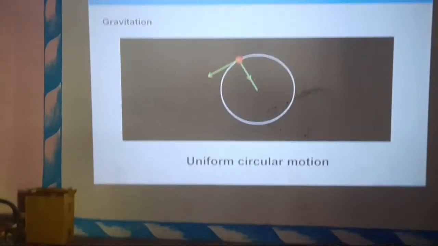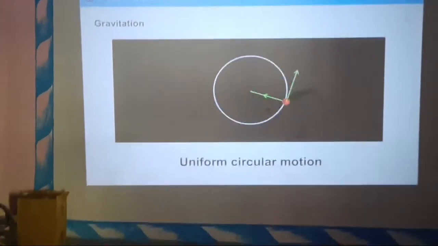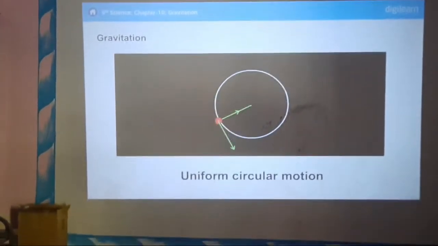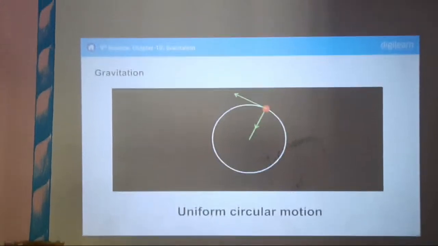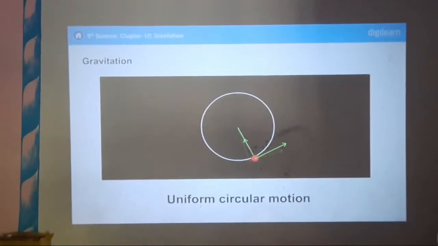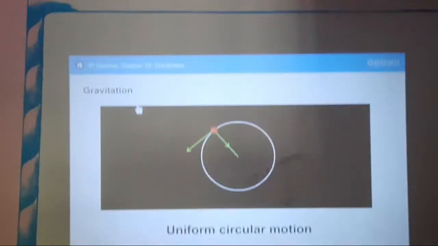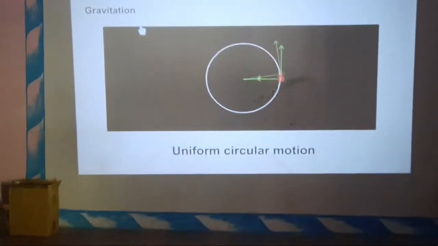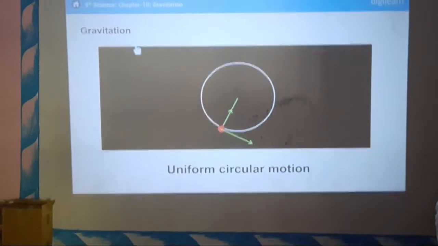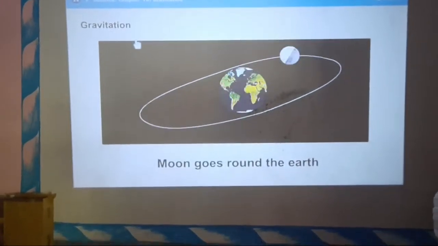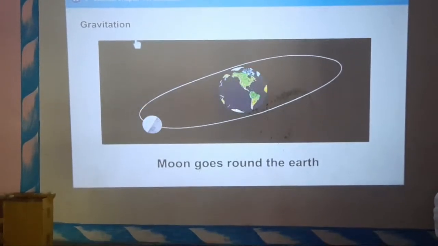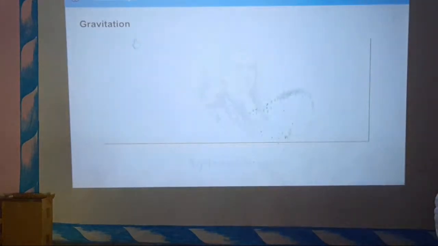Gravitation. Earlier in the previous class, you have learned that the simplest type of motion along a curved path is uniform circular motion. In circular motion, centripetal force is applied by the same agent. The moon goes round the earth and the planets go round the sun.